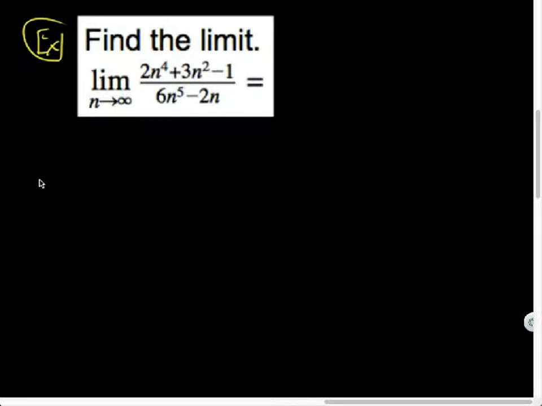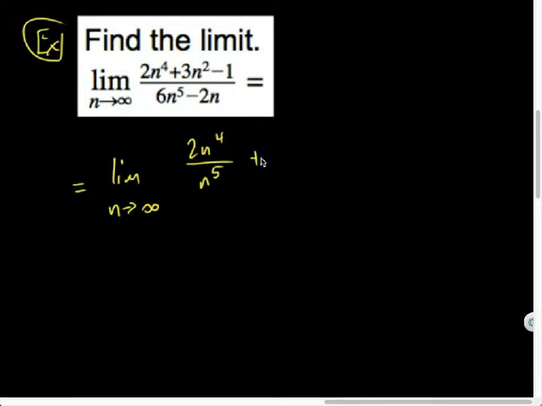So let's see, what am I going to do? I'm going to divide by the largest n degree. So that's the limit as n approaches infinity. What's my largest degree? n to the fifth.